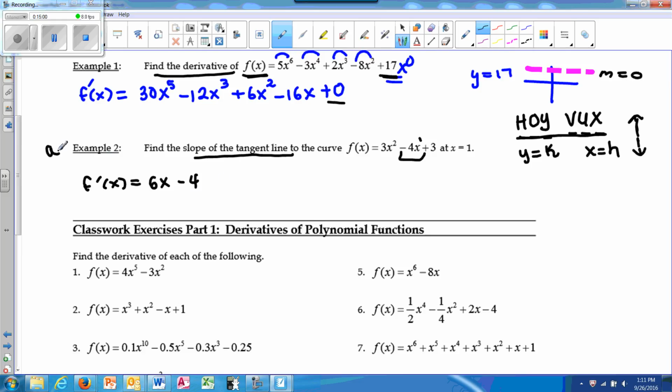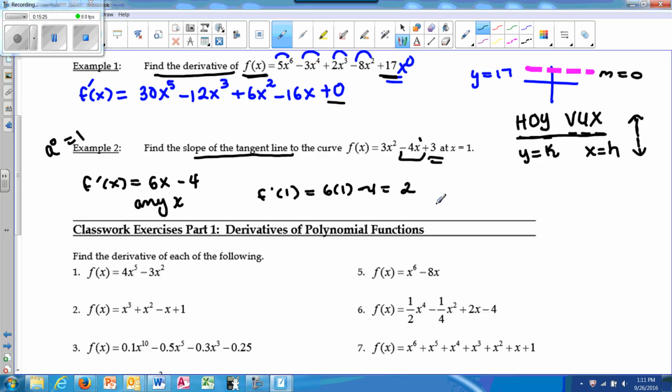So if we were looking for the slope of the tangent line, that's the same thing as saying find the derivative. Those mean the same thing. So f prime of x in this case, I bring the 2 down to multiply and get 6x to the first power. This negative 4x, remember, is like x to the first, so I get negative 4x to the 0.